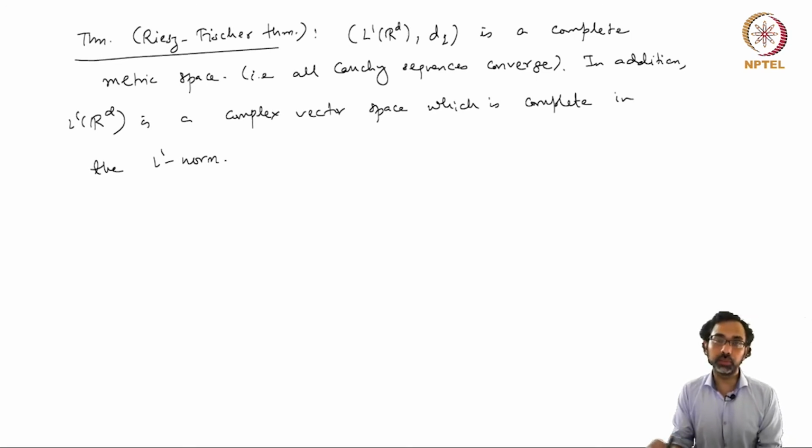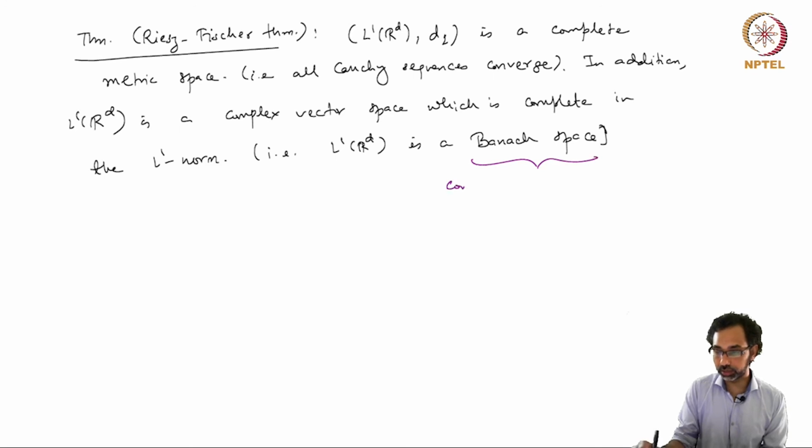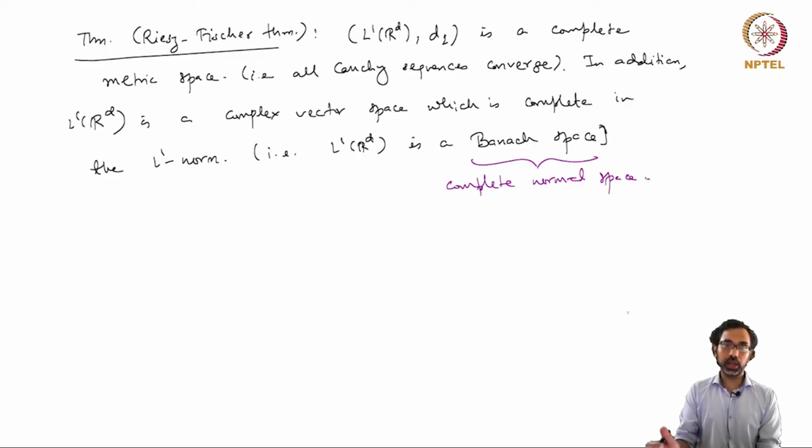So this is a complete normed space, which means that L1 R^d is a Banach space. Remember that a Banach space is a complete normed space. So L1 R^d with the L1 norm is a complete normed space, and so a Banach space.